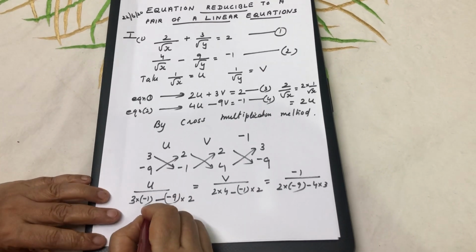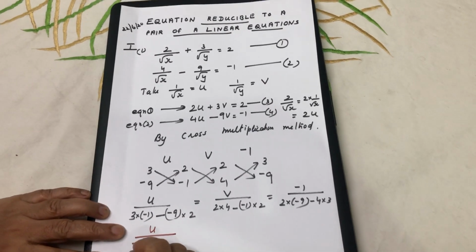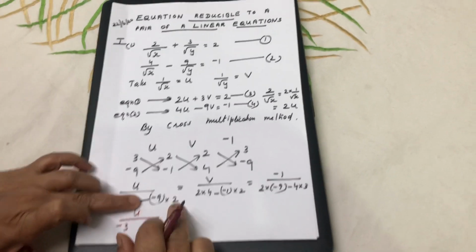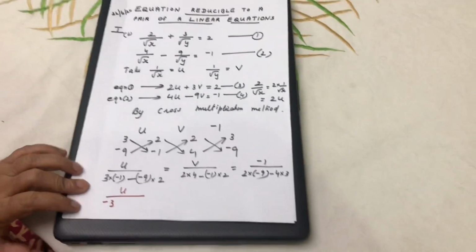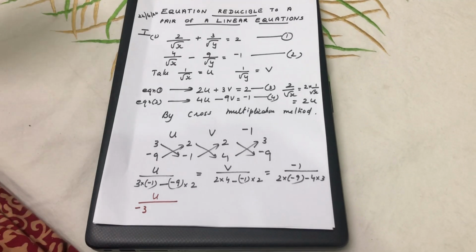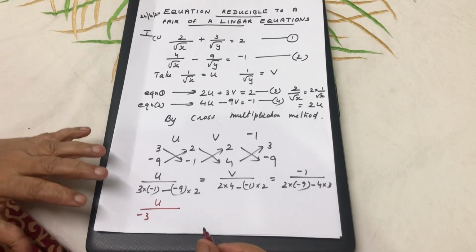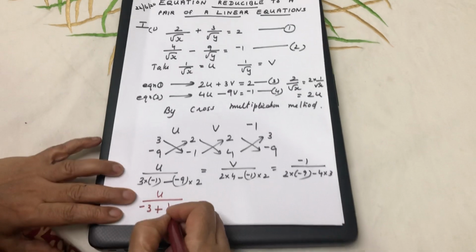This is u by minus 3, minus 9 into 2 is minus 18. Minus minus will become plus, so it is plus 18.